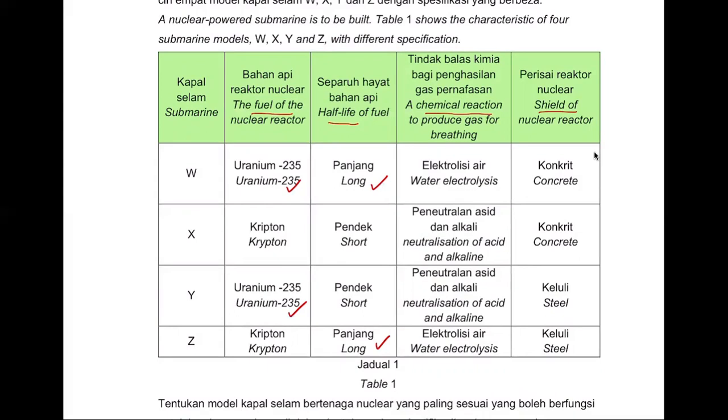We usually use water electrolysis, not neutralization of acid and alkaline, because this one is quite dangerous. So better and safe if you use water electrolysis, because this one can produce oxygen gas. And then the shield of the nuclear reactor, it should be made from concrete and not steel.